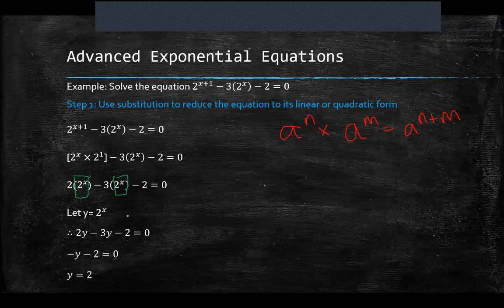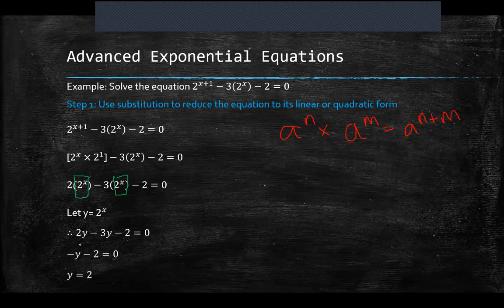So you could say A, B, Z, H, whatever, right? I just decided to use y. So I said, let y equal to 2 to the power of x. So instead of writing 2 to the power of x now, I could write this equation as 2y minus 3y minus 2 is equal to 0. All I have to do now is solve for y.